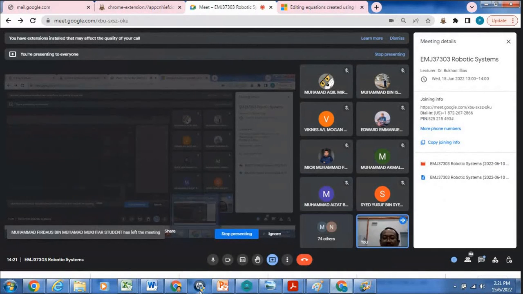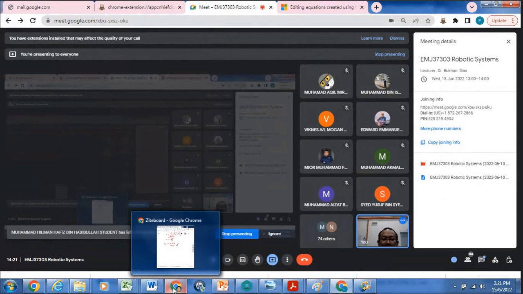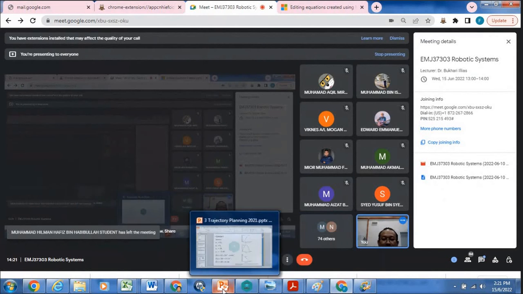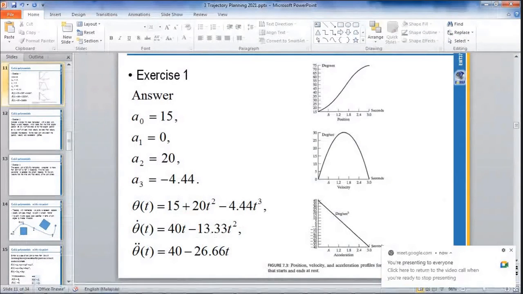I will share this slide later, and I will teach cubic polynomial with via point first, and then share another slide for it.